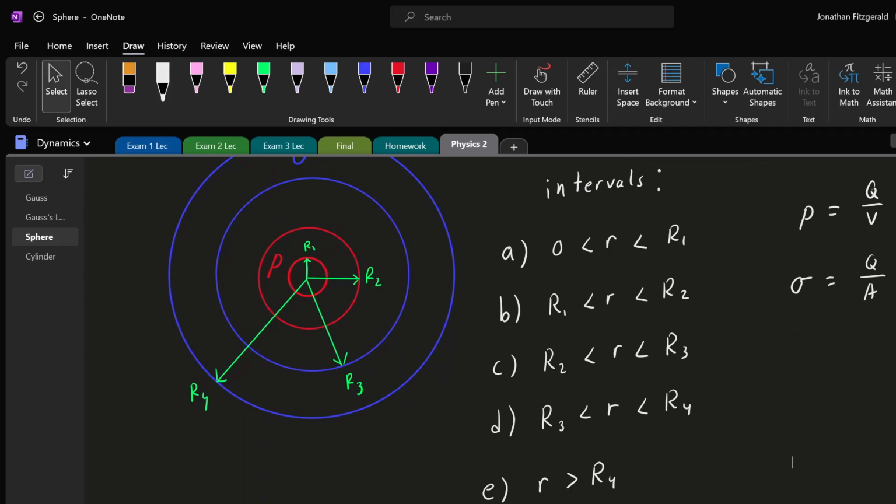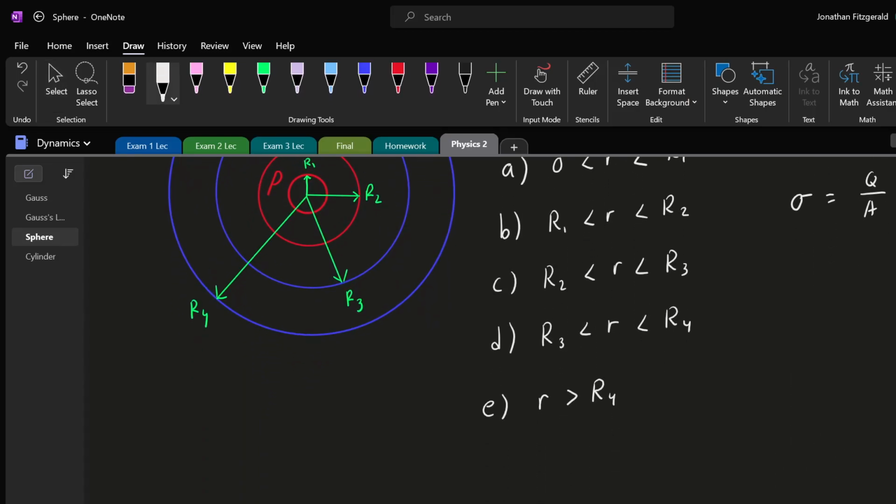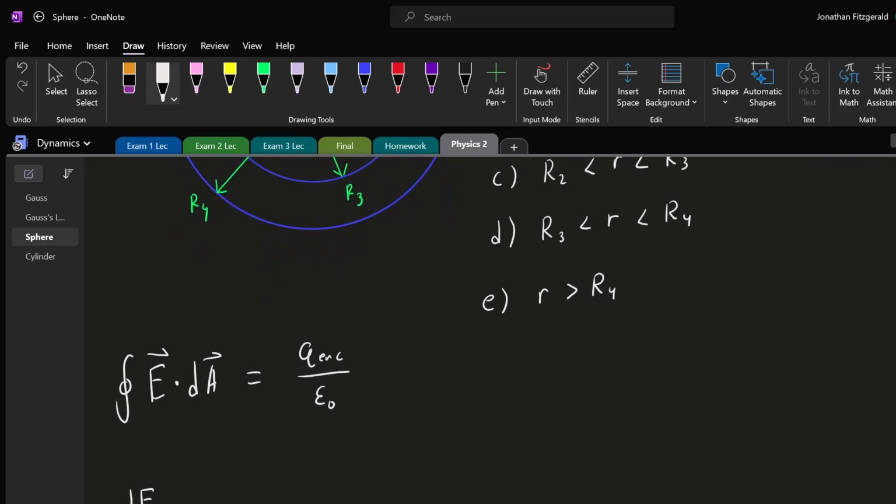How do we do this? We can just use Gauss's law from before. So the surface integral of E dot dA is going to equal Q enclosed over epsilon naught. Now remember, we're using a sphere, so the magnitude of the electric field times the surface area of a sphere, 4 pi r squared, equals Q enclosed over epsilon naught.